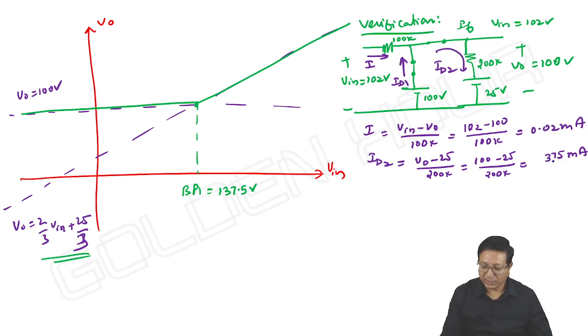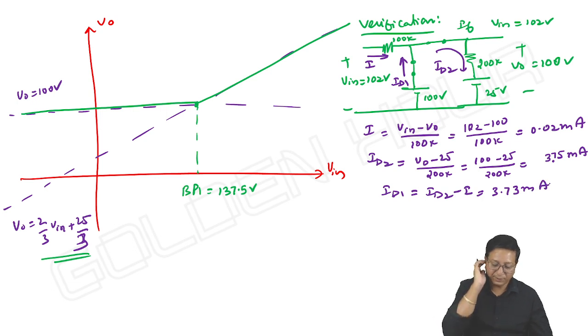Okay. And what about ID1? I plus ID1 is equal to ID2. Then ID1 is equal to ID2 minus I. I need not calculate it, or if I take it also, it is 3.73 milliampere. That's it.